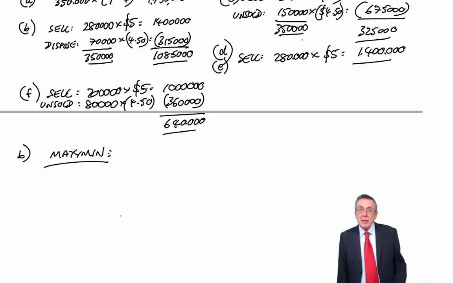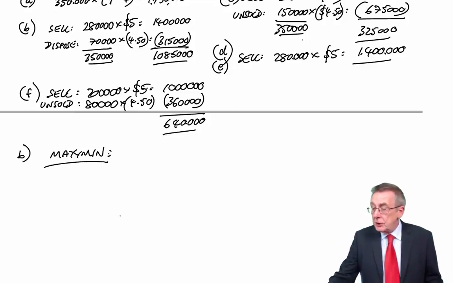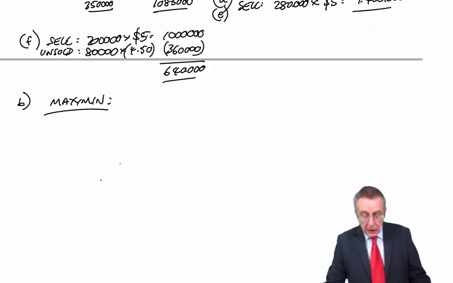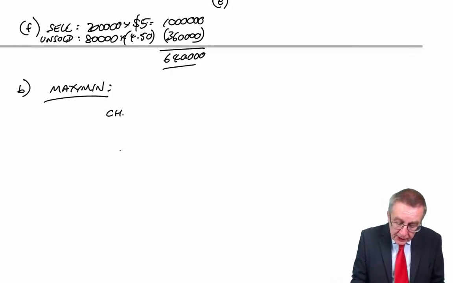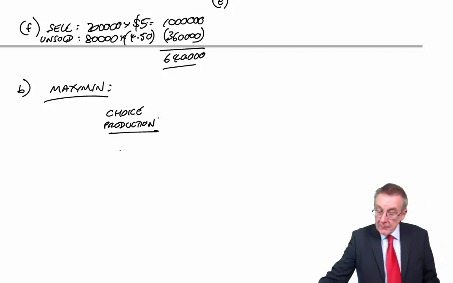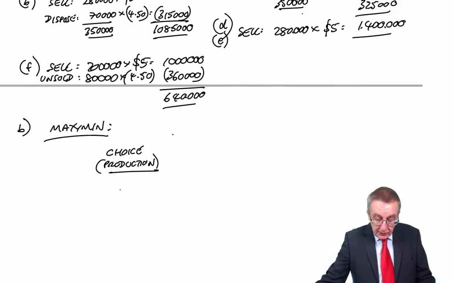It's up to you whether you write a mini essay, or I would do what I'm about to do, which I think makes it clear. With maximin, for each of our choices, which here is the level of production, we've got three choices: 350 bags, 280 or 200.